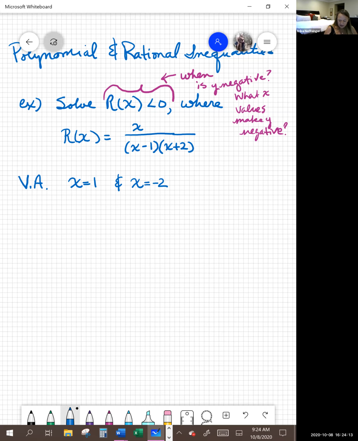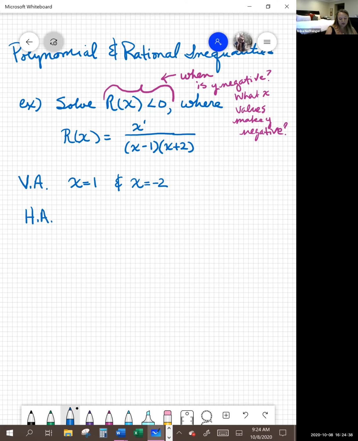Looking at the horizontal asymptote, the degree of my numerator is 1. I can't see the degree of my denominator without thinking about distributing it out, but if I distribute it out, the highest power is going to be an x squared. So the degree of my denominator is 2.